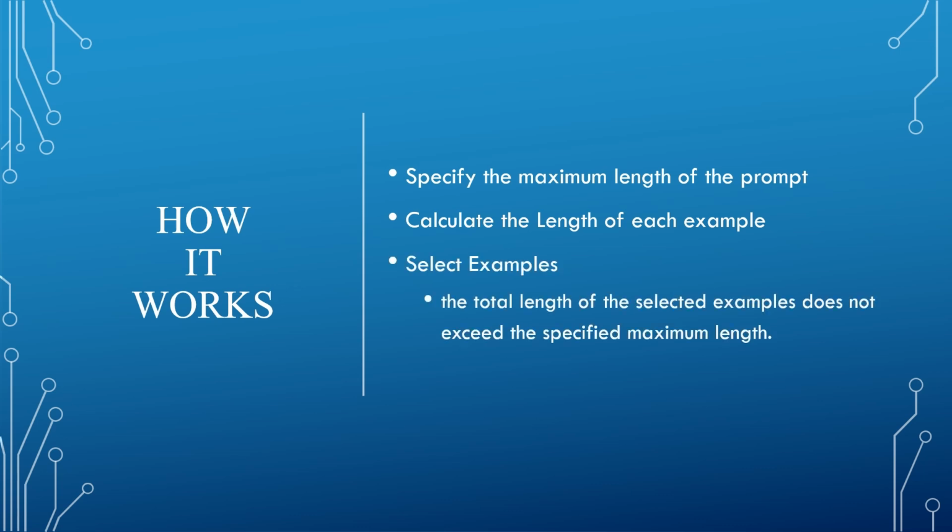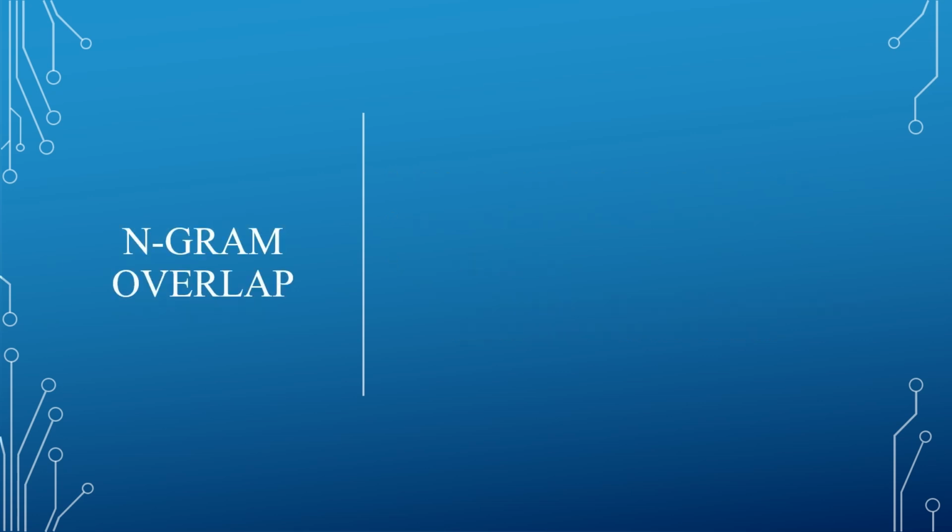Then, examples are chosen in such a way that the total length of the selected examples does not exceed the specified maximum length. By doing this, we make sure that our prompts remain within the token limit, allowing the model to process them efficiently.